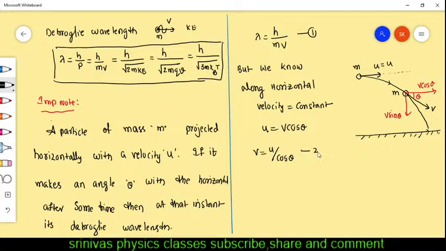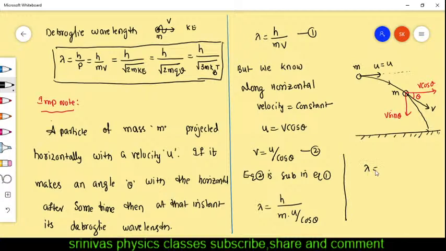This is equation 2. Now substitute equation 2 in equation 1. Lambda is equal to h by mv, but v is u by cos theta, so cos theta goes to the numerator. Then lambda is equal to h cos theta by mu.